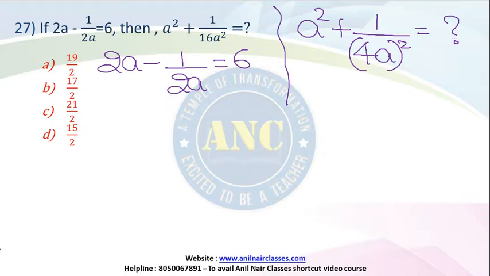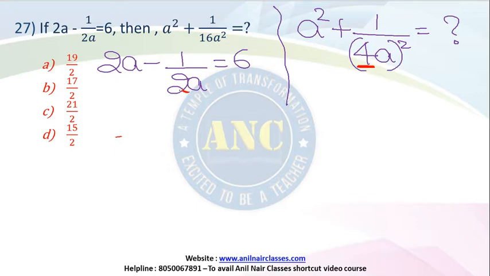Now see here, I should always try to express the given condition in terms of what is being asked in the question. What is being asked? A square plus 1 by 4a whole square. In the asked condition I have 4 in the denominator, but the given condition is not having 4 in the denominator.